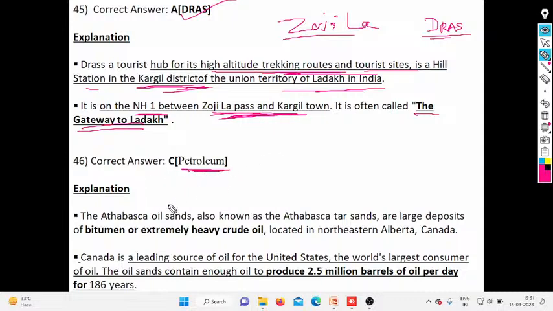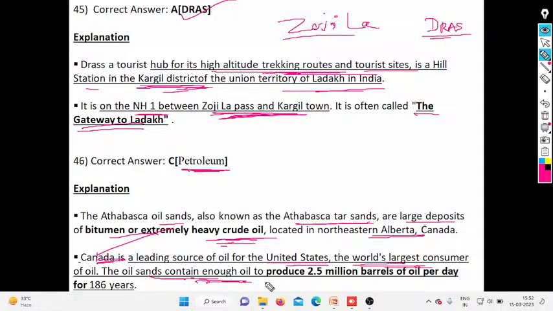Athabasca oil sands, also known as Athabasca tar sands, are large deposits of bitumen, extremely heavy crude oil located in northeastern Alberta, Canada. Canada is the leading source for the United States, the world's largest consumer of oil.